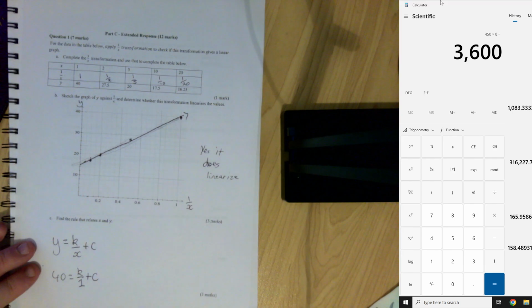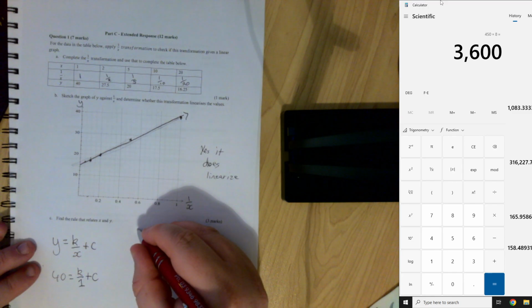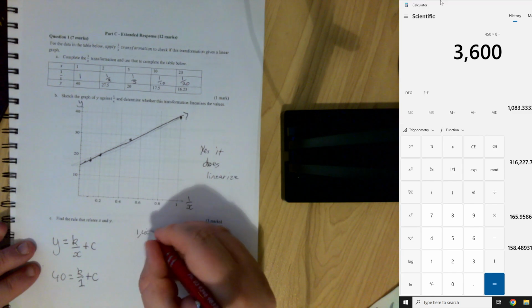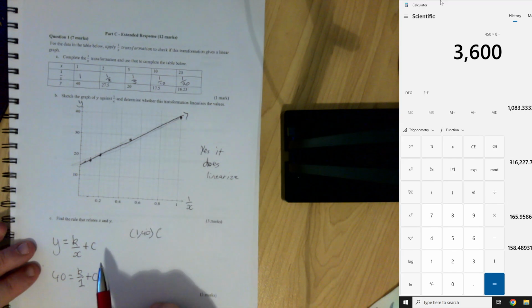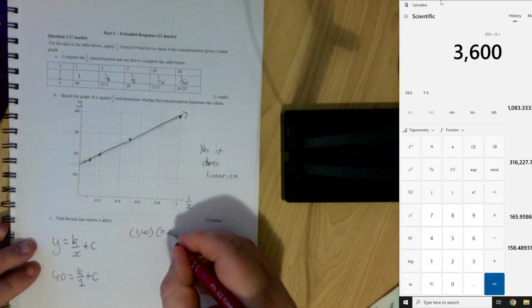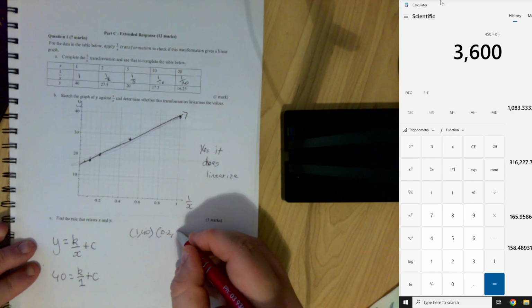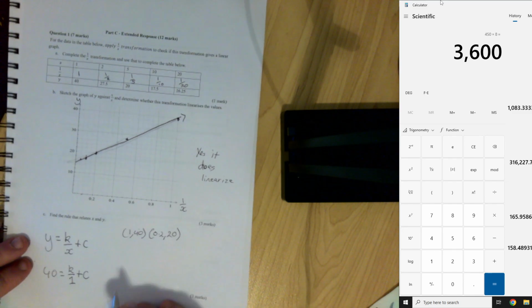So let's do, we'll use those points. So we use 1 and 40. And we'll use, how about 0.2 and 20? Something like that. All right.